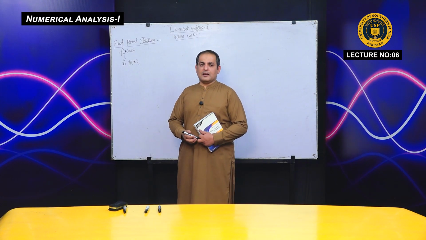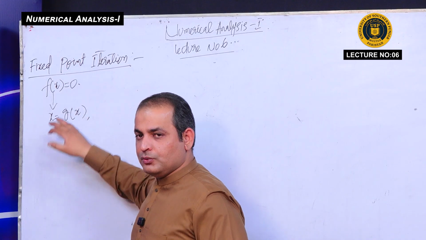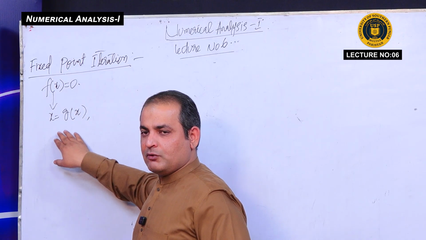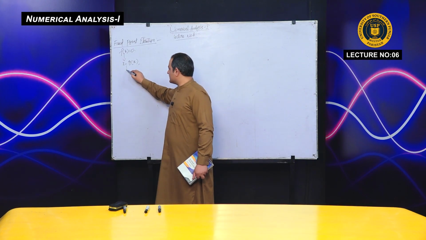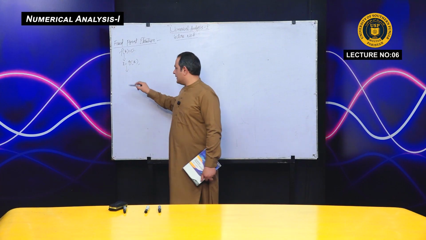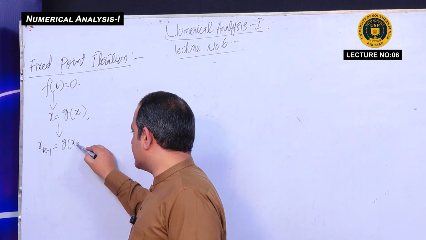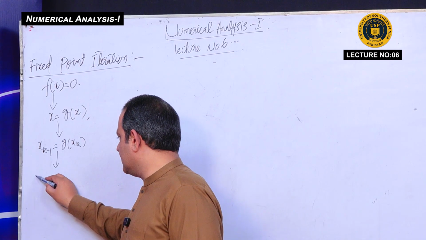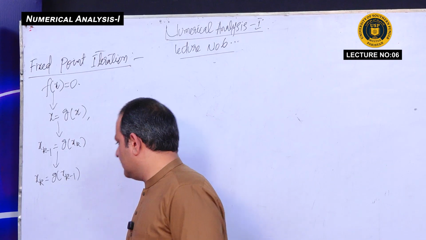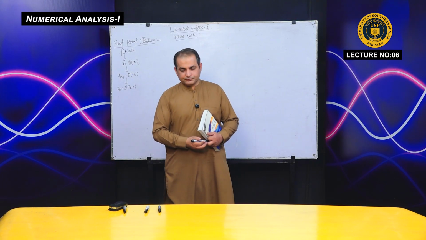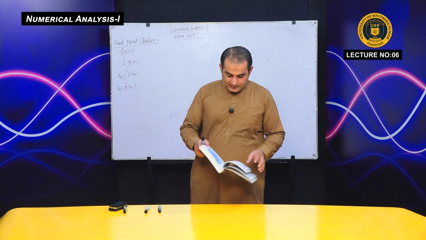You can transform f of x into this form, x equal to g of x. You can rewrite this as an iterative scheme like x k plus 1 equal to g of x k, or you can also write x k equal to g of x k minus 1. एक ही बात होगी.